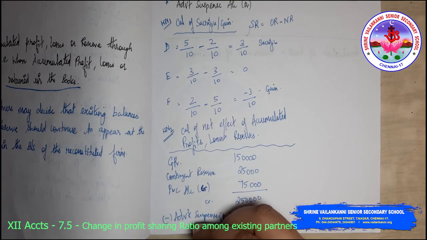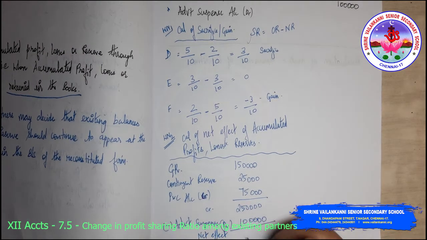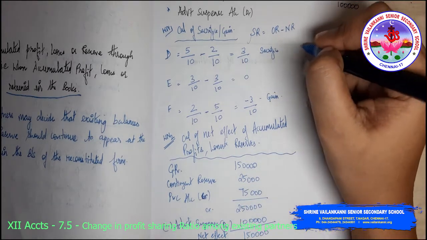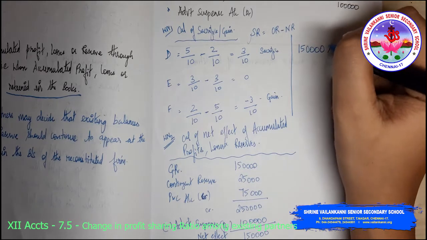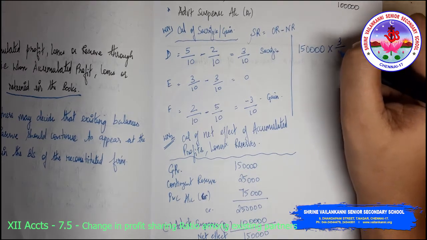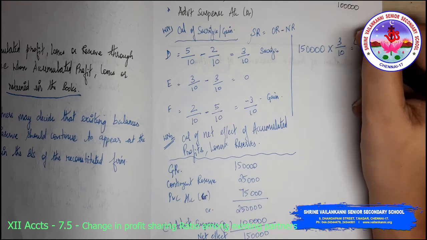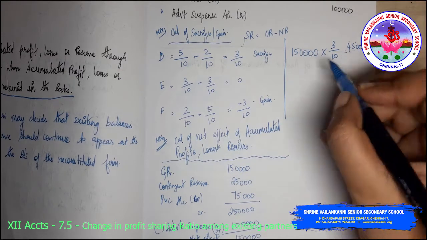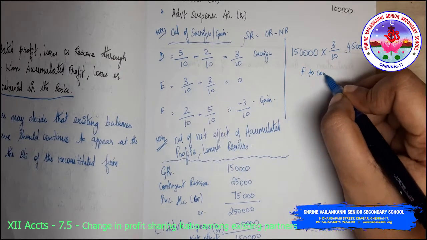So net effect is 1,50,000. So how much is the sacrifice or gain? We have to do 1,50,000 into 3 divided by 10. So if I do 3 divided by 10, I get 45,000 as F to compensate D.